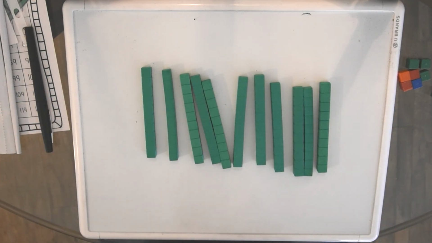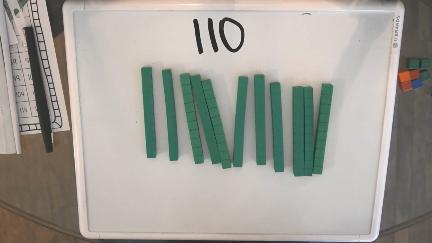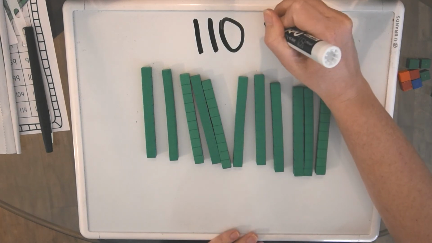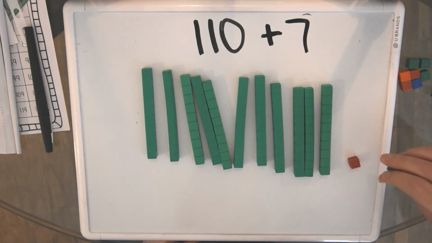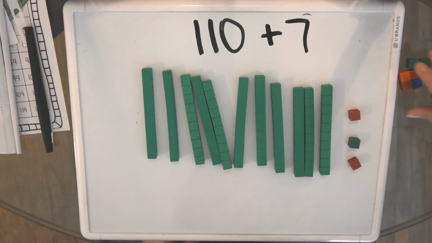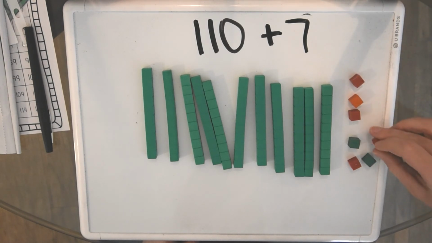Okay, there's 11 tens, and if we remember, 11 tens equals 110, right? I'm going to put that up here, 110. Okay, but then it says she also has one more group of 7 buttons. So I'm going to add 7 ones to that to show the individual buttons, right? 1, 2, 3, 4, 5, 6, 7.